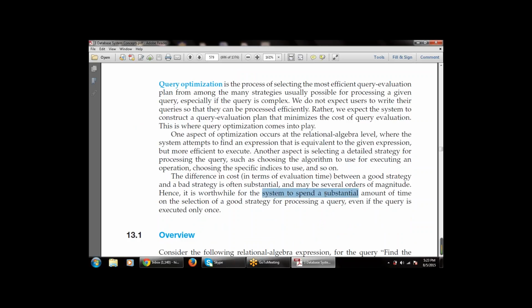So it is worthwhile for the system to spend a substantial amount of time on the selection of a good strategy for processing a query, even if the query is executed only once. Now, overview.